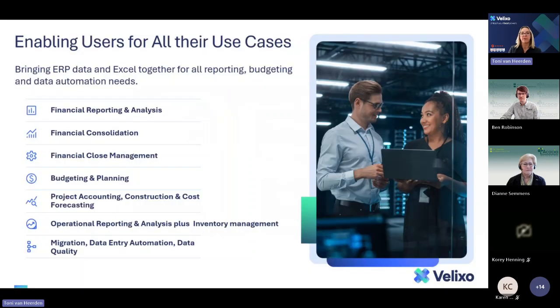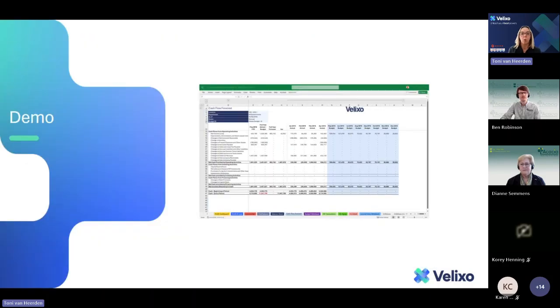So lots of great features we'll cover off. And then finally, before we jump to the demo, just want to make sure that we are not just a financial report writing tool. So often this is where customers start the journey with Velixo, but as you can see, we handle anything relating to reporting, data automation, and all of the other use cases.